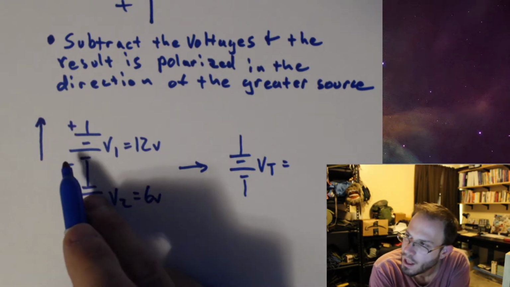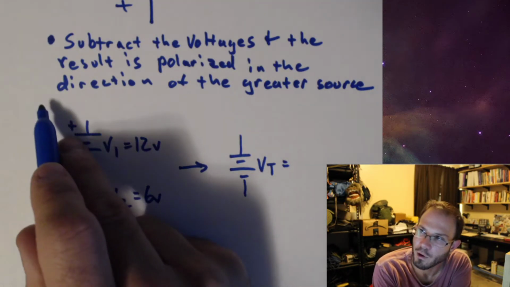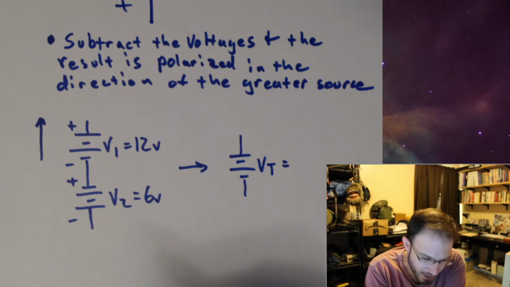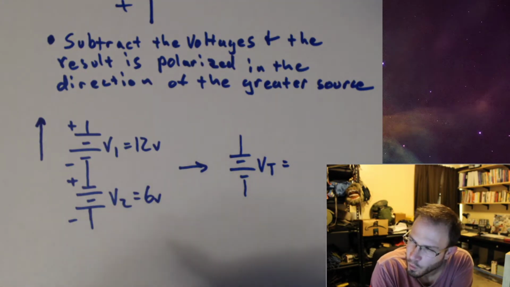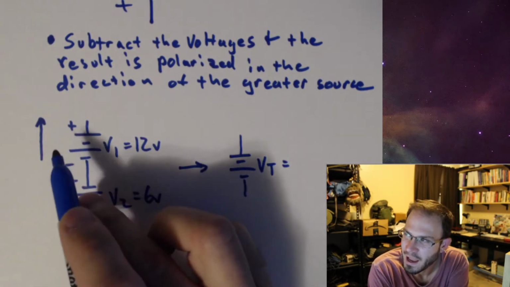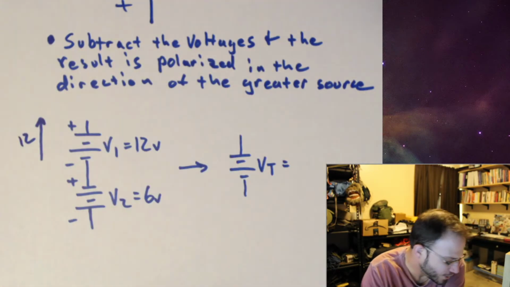Okay, and so this is kind of like our conventional current, right? And maybe I shouldn't use the word electron in this case. We're pushing the current in this direction, okay? Conventional current with some magnitude of 12.